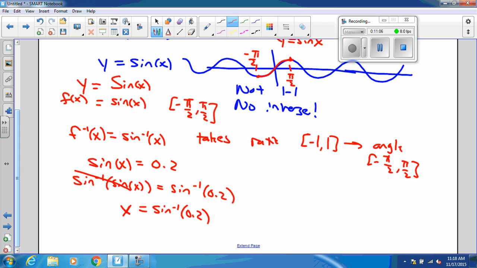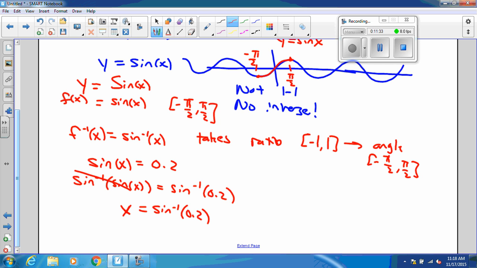And on the right-hand side, I get this value, inverse sine of 0.2, and that's a number, but I'm not going to be particularly interested in finding out its decimal approximation unless I really need to. The calculator can give you decimal approximations. If you don't have a calculator, get that out and find the inverse sine of 0.2. Make sure you're in radian mode or you'll get the wrong answer.